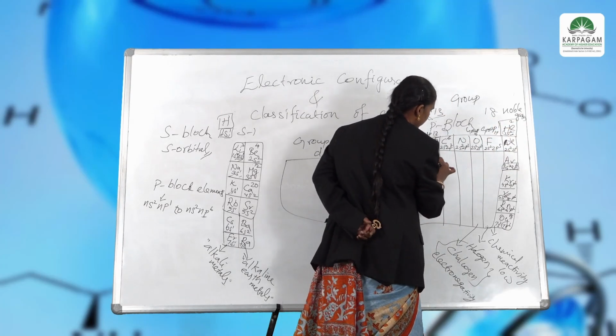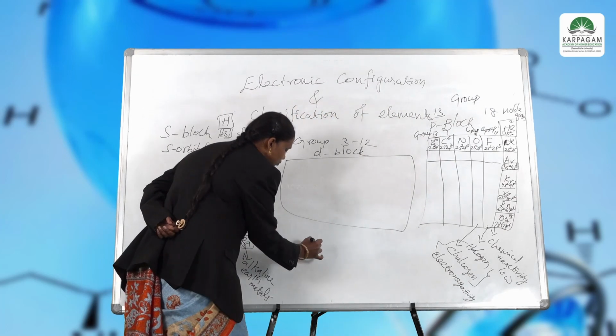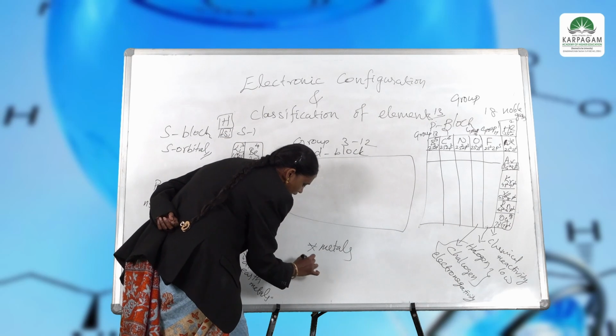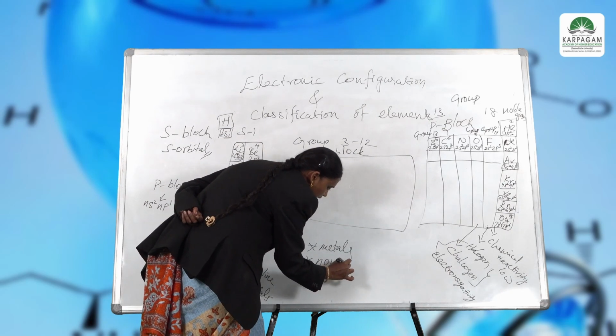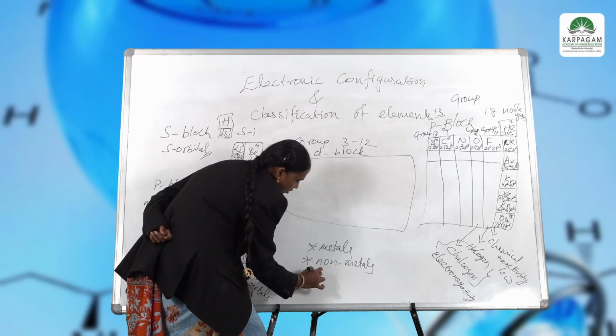In the p block, we have three types of elements: metals, non-metals, and the third one, metalloids.